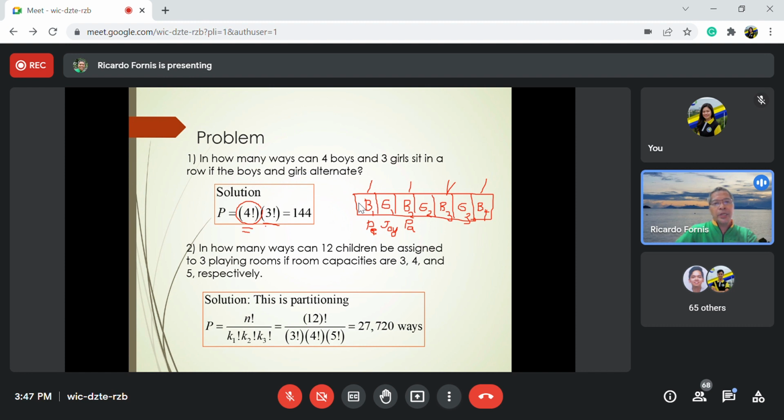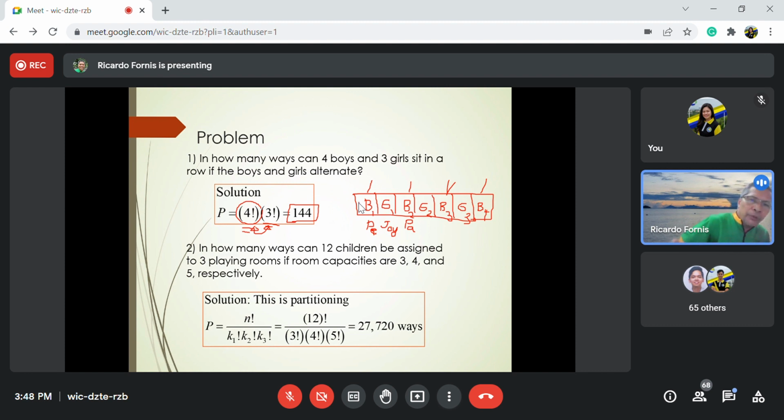And the girls can also be rearranged in 3 factorial ways. So you can view this as simultaneous events while the boys are transferring from one seat to another, the girls are also doing that. And there are 144 different arrangements. That's for problem number 1.